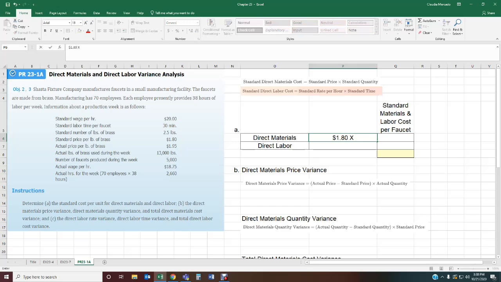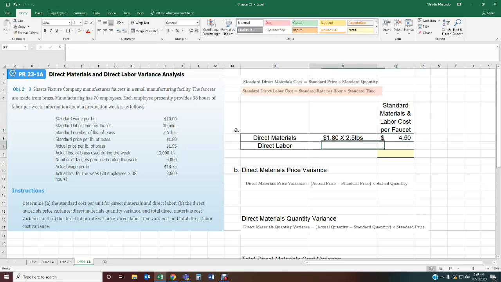My standard number of pounds of brass is 2.5 pounds per faucet, so we are anticipating needing 2.5 pounds of brass per faucet. So we calculate $1.80 times 2.5. That gives me $4.50. For materials, for every faucet that we manufacture, we are anticipating spending $4.50.